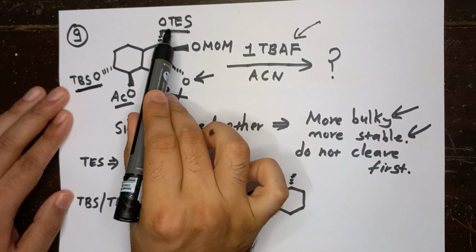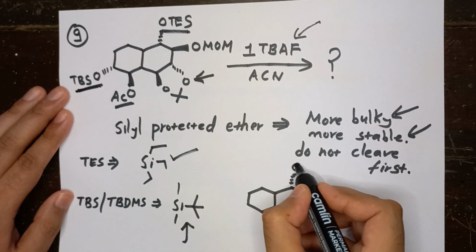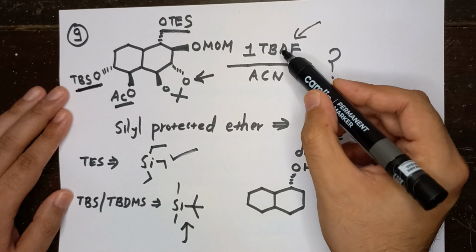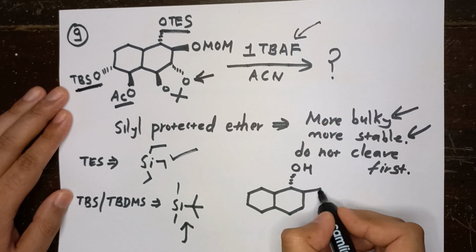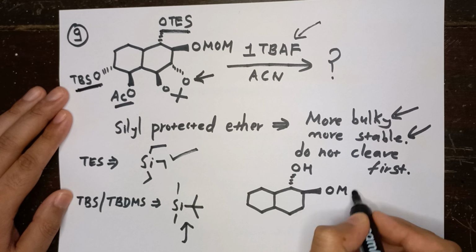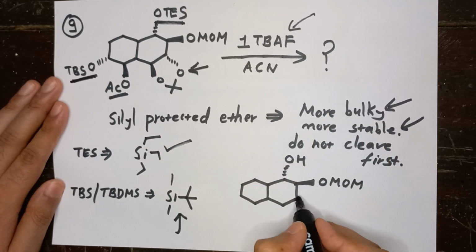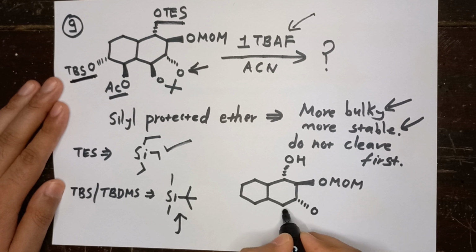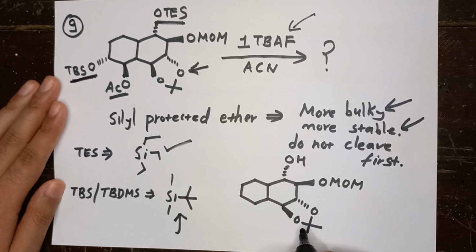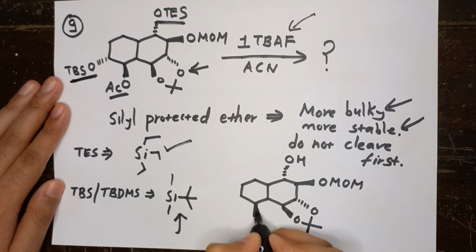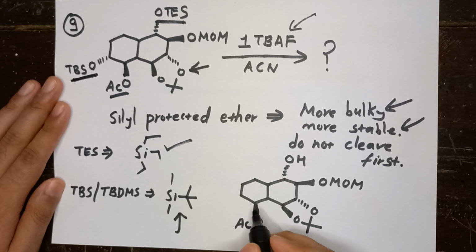So I'm going to just deprotect OTES back into OH by using this one equivalent of TBAF. We cannot deprotect the MOM group because this cleaves out under Lewis acid condition. We do not have it. This will also be untouched as this is deprotected under acidic medium. We will not touch the OAc group because this is deprotected under strong basic condition.